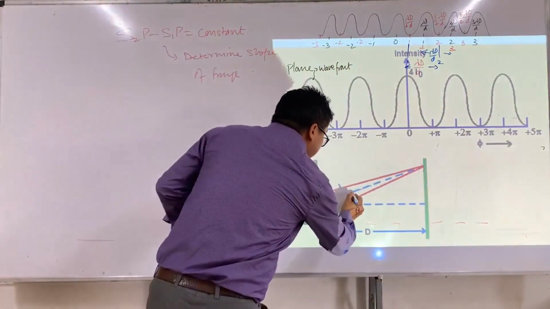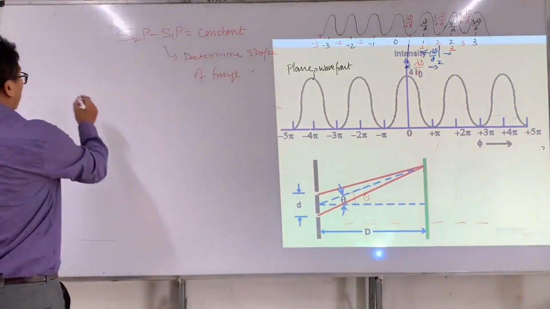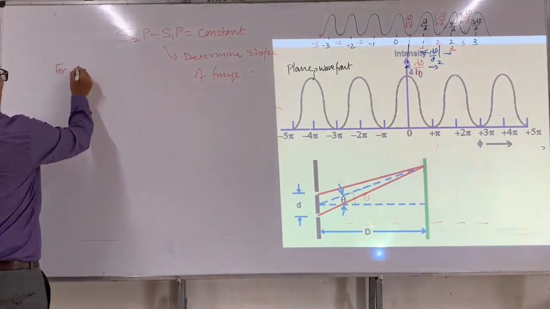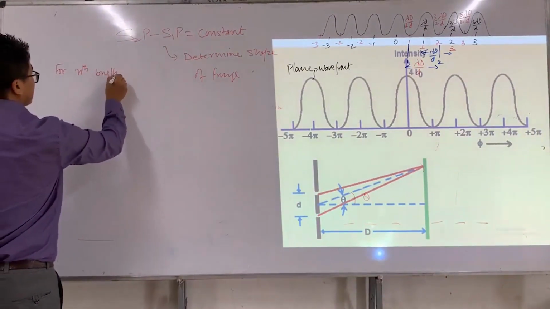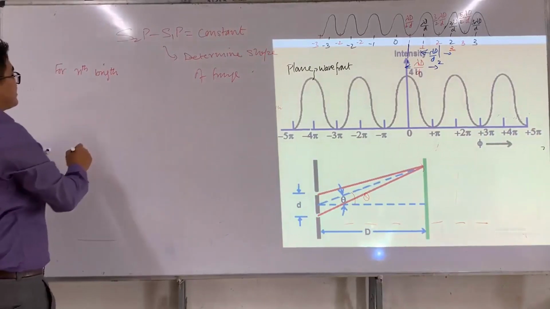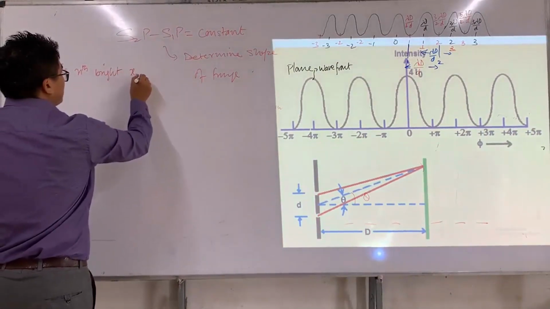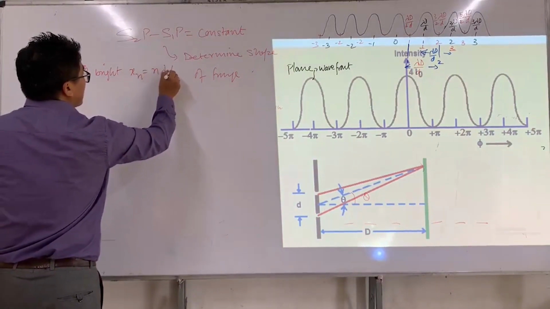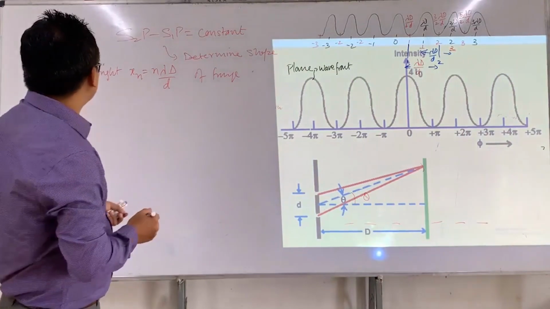Let's say this is a theta. Let's say for the nth bright, the position is given by n lambda D by small d.